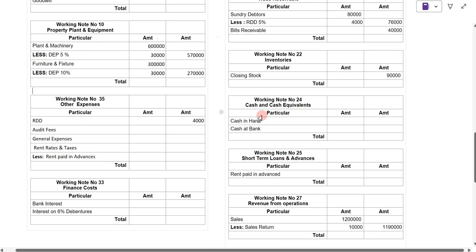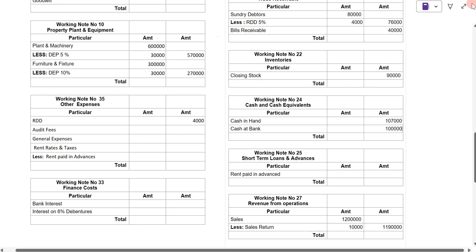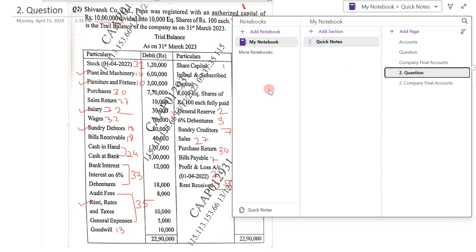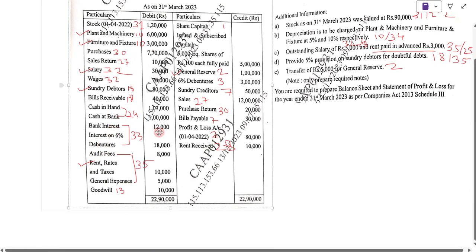After that, bank interest 12,000, interest on 6% debentures 18,000.